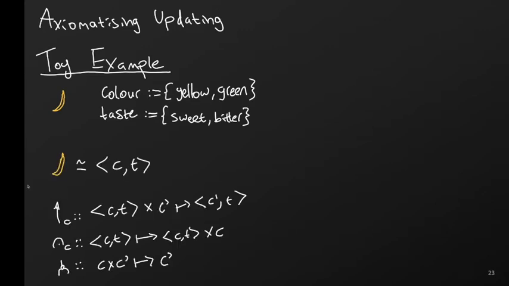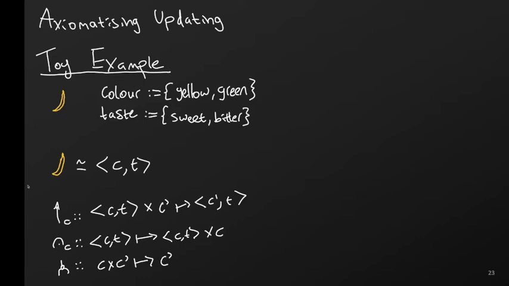And then once we've done this, we can construct the put, the get, and a mixing map on these, where the put just updates the current color of the banana with a new color, and the get retrieves a copy of the color. It's a very simple example. And then the mixing map just deletes the left hand color, it erases the left hand color. And one can check that these do satisfy the laws that I gave earlier.